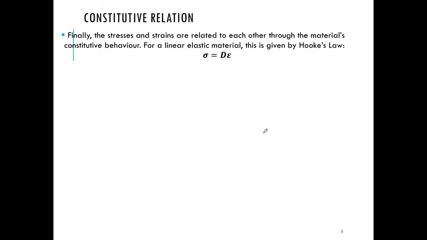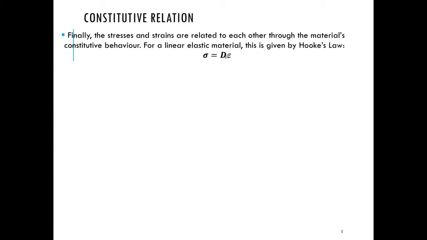Right, okay. So finally, we need to tie all of these up, that is the stresses and the strains, the internal loadings, with the displacements in the body, by using a constitutive material law. And for a linear elastic material in the small strain regime, that is Hooke's law. Hooke's law tells us that the stresses are related to the strains by this equation right here.